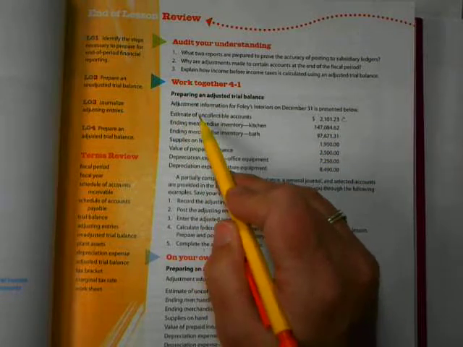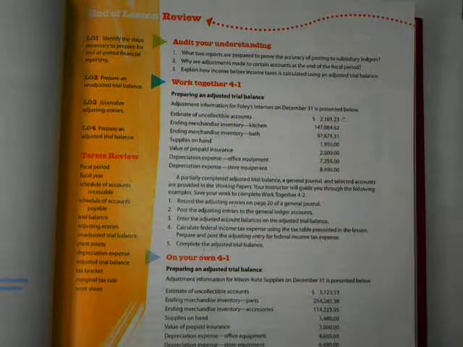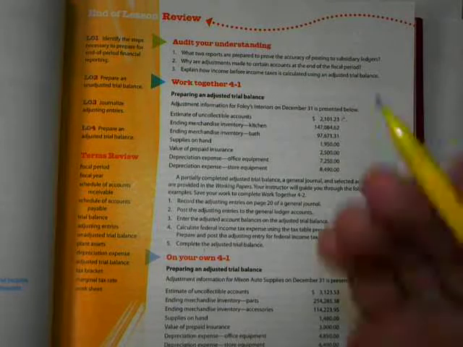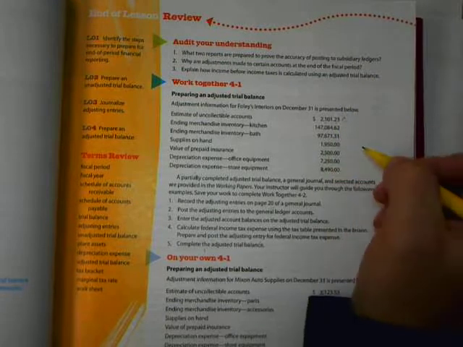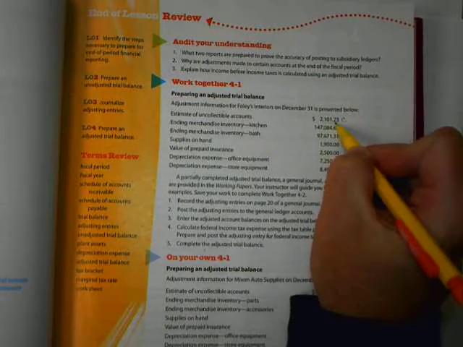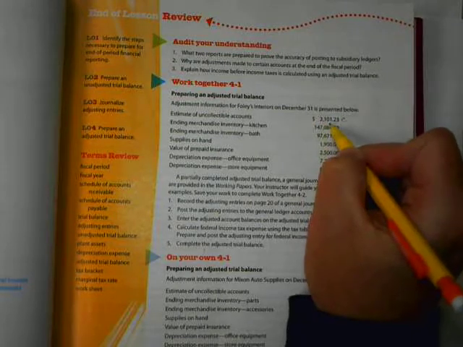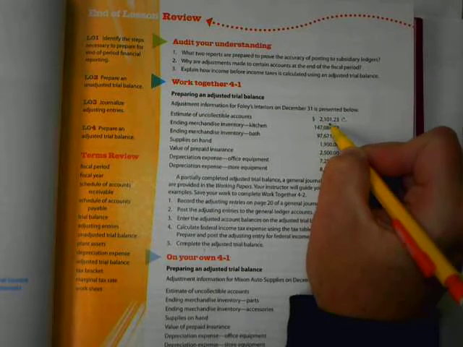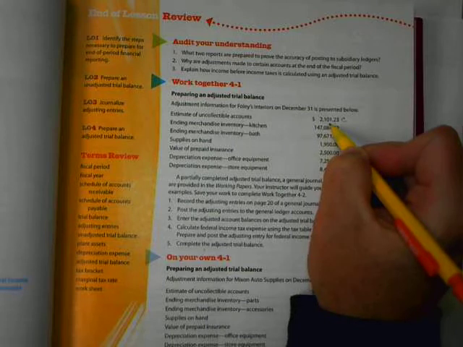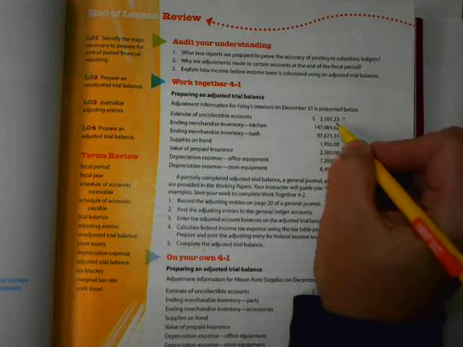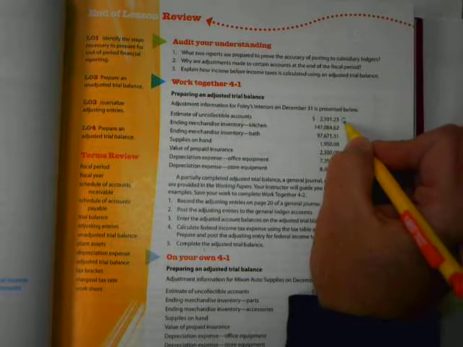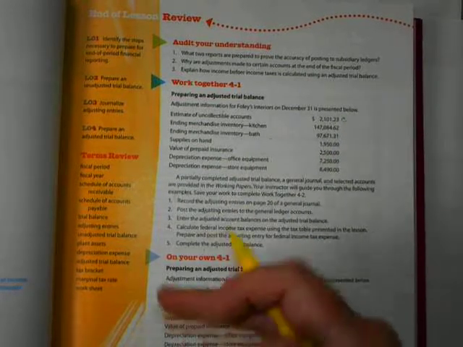So the estimate of uncollectible. We did a percent of accounts receivable or a percent of sales, whatever method we did, and we came up with the number that our allowance for uncollectibles should be at. You may have to calculate this if there's still a balance from the previous year.